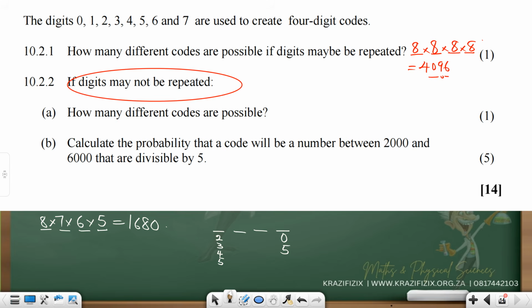Are we okay? Look, this is my first layout. Once you see that you have a 5 and a 5 here, that is the big announcement of a problem. Why? Digits may not be repeated. I'm going to now pause. Because that 5 is giving me a problem, I will then decide. Let me go to a new page.